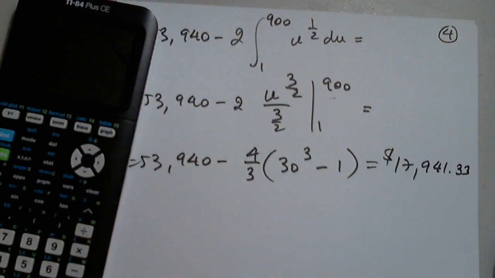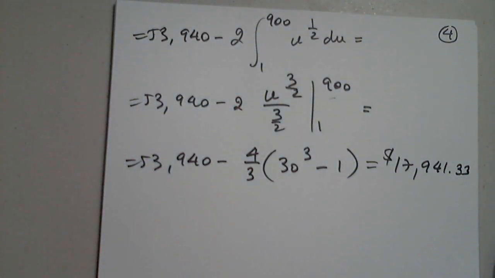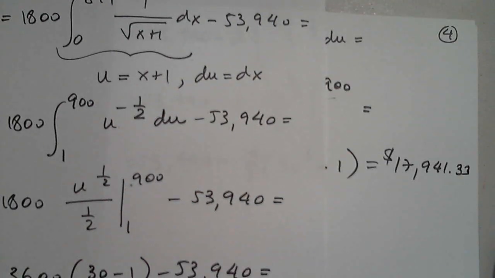Okay, and like before, I'll check just to make sure. So that was 899 times 60 minus the integral from 0 to 899 of 2 times the square root of x plus 1 dx.